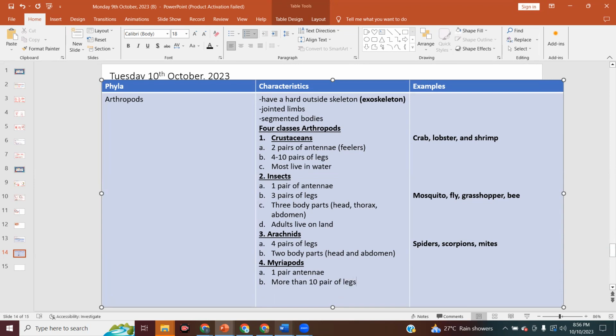More than 20, at least 20. The body has many segments. And they live on land. So examples of myriapods would be centipedes, millipedes. All right.